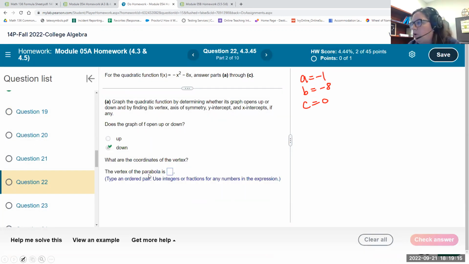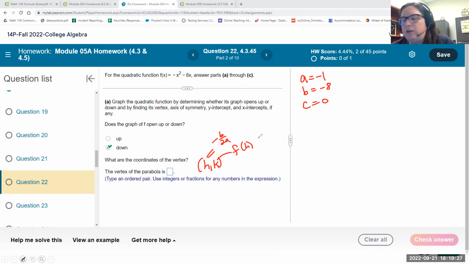All right, next are the coordinates of the vertex. So I'm going to do (H, K), where H is -b over 2a, and K is the function value found by plugging in H. So -b over 2a comes out 8 over -2, so -4.